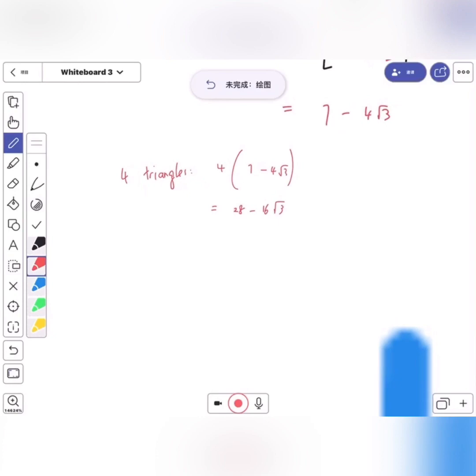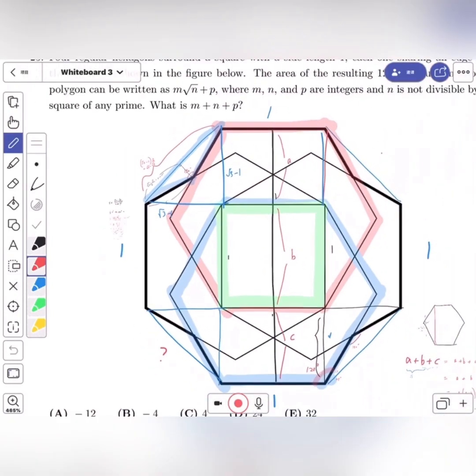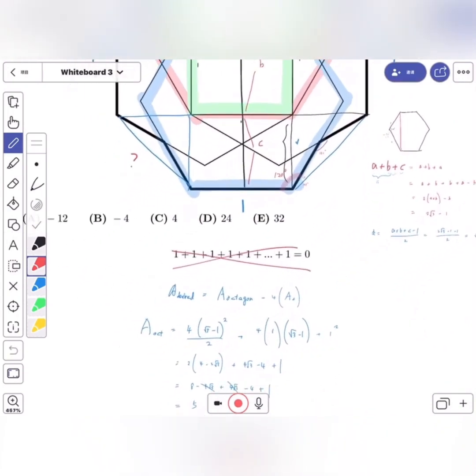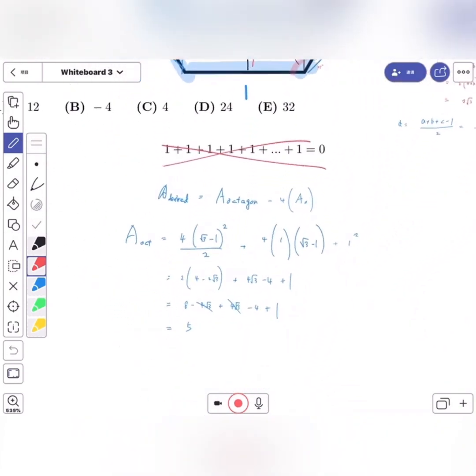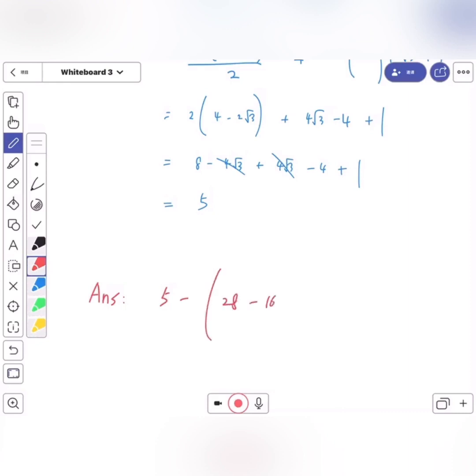Okay, so remember what we want to find. What we want to find is the area of the octagon minus 4 times the area of the triangle. So the answer is simply 5 minus 28 minus 16 root 3, which is equal to 16 root 3 minus 23.